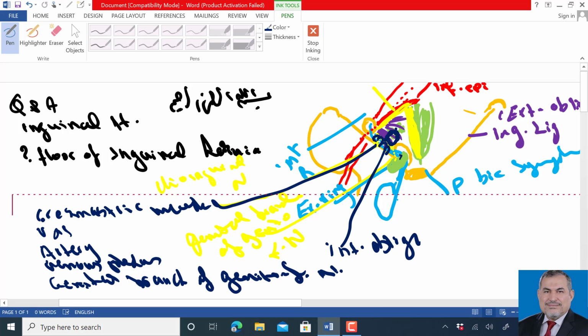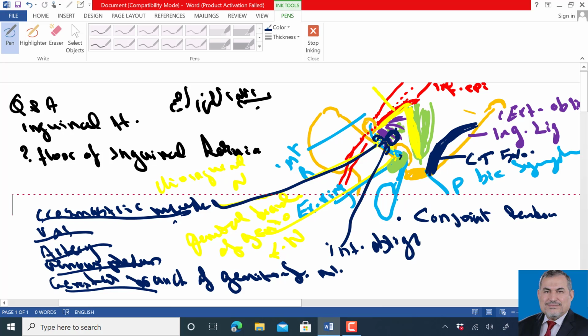Okay, these are the structures in spermatic cord: cremasteric muscle, vas deferens, testicular artery, testicular venous plexus, and genital branch of genitofemoral nerve.